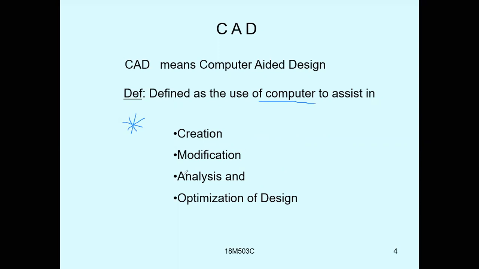Creation, modification, analysis, and optimization, for what? Design. So we are using a computer, and for a design we are doing all these things. You should have the computer, these four parameters, and design, and based on that you have to write the definition of CAD.